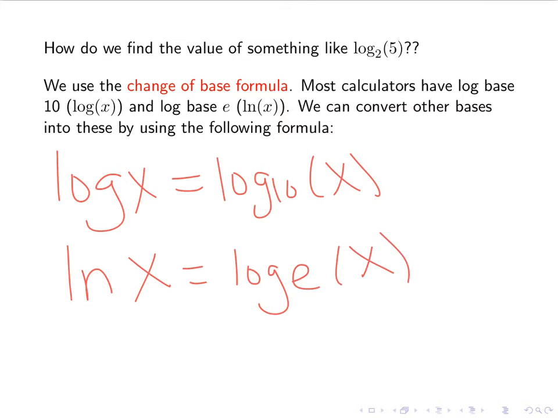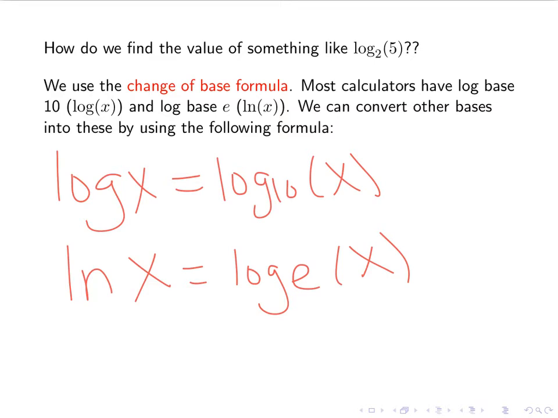Remember we talked about e in the exponential section. e comes up a lot, and it's Euler's number, 2.7 something, it's irrational. ln is the natural log, log base e. Log x with no base is understood to be base 10 because that's what we use in daily life, right? We have ones, tens, hundreds, thousands, 10,000s. Those are all base 10.